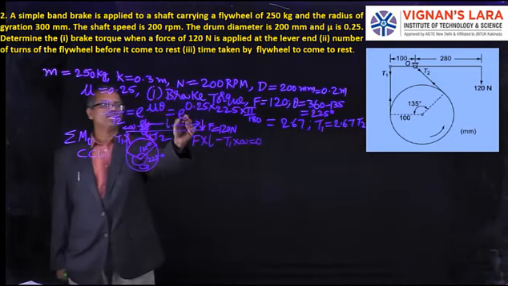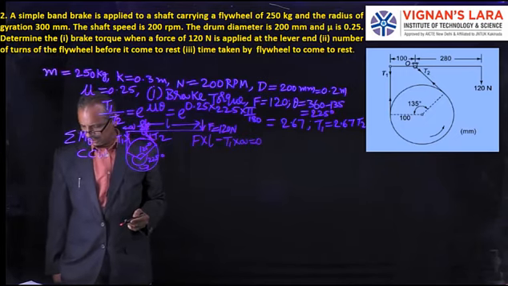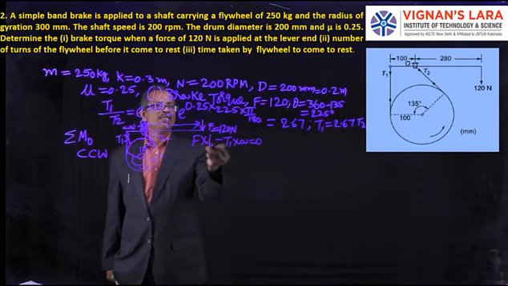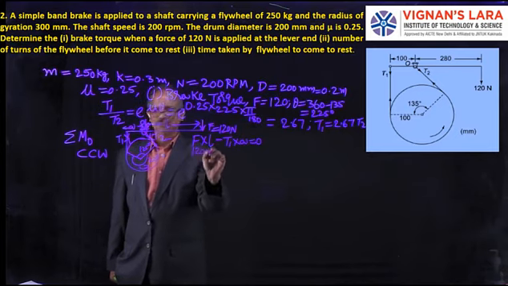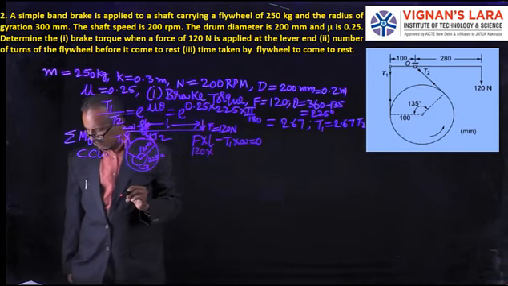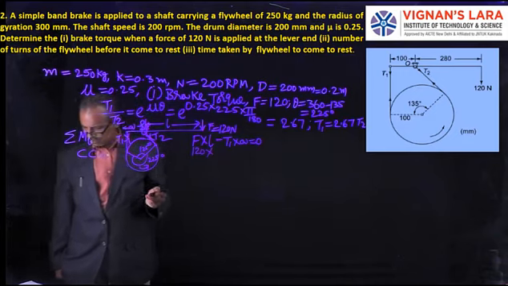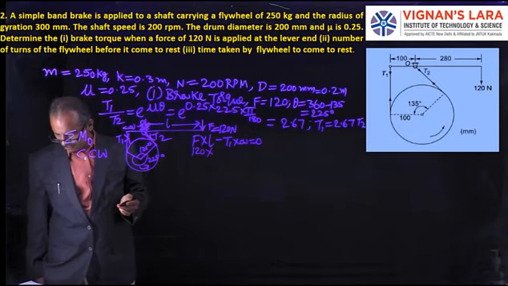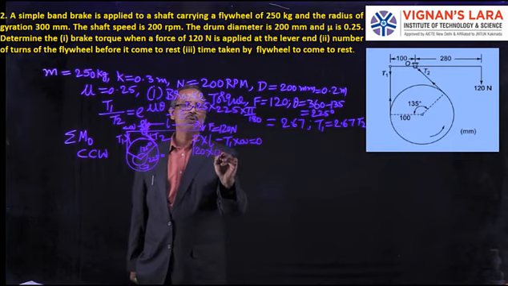So F into L, force into length, minus T1 into A is 0. The value of F given in the problem is 120, and the length of the lever, which you can see from the diagram, is 280 mm, that is 0.28.